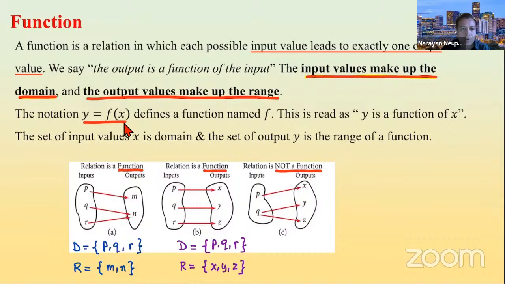The notation y equal to f of x defines the function named f. So if we see y equal to f of x, we are talking about the function f. And we read this as y is a function of x.